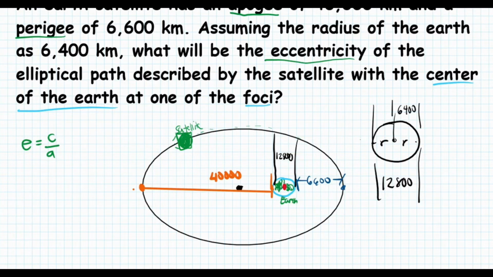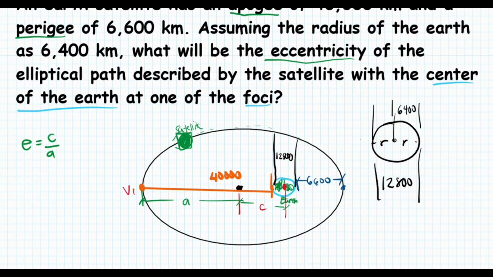Okay? Alam natin, ang representation lagi natin, ang foci natin ay C. Right? Ito naman, from center hanggang dito, represent natin siya as vertex, that will be equal to A. Right? Kailangan lang mahanap mo yung value ni C at yung value ni A, then malalaman mo na yung value ng iyong eccentricity.